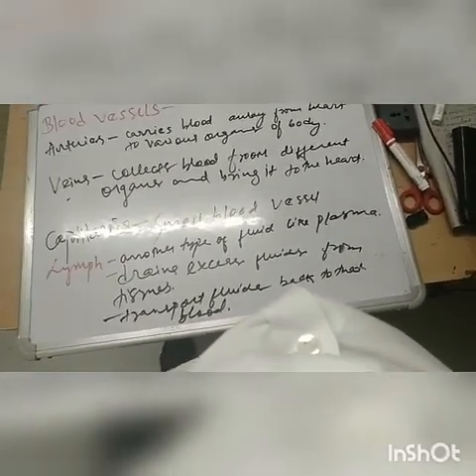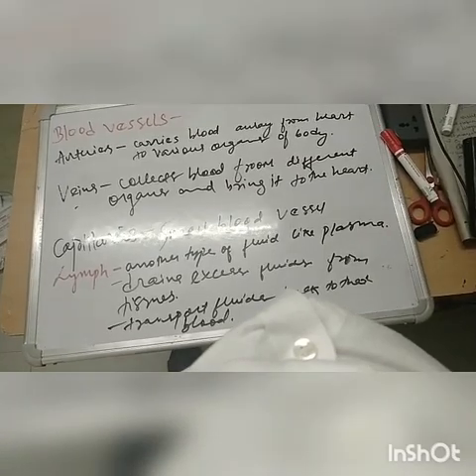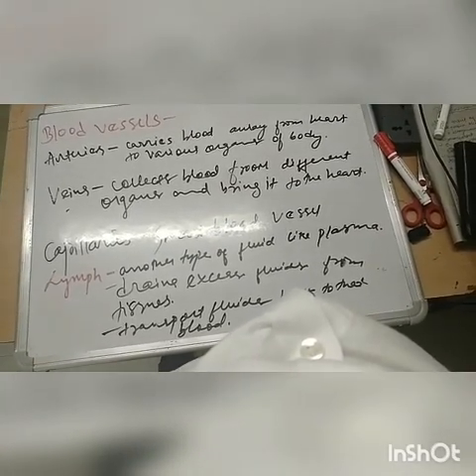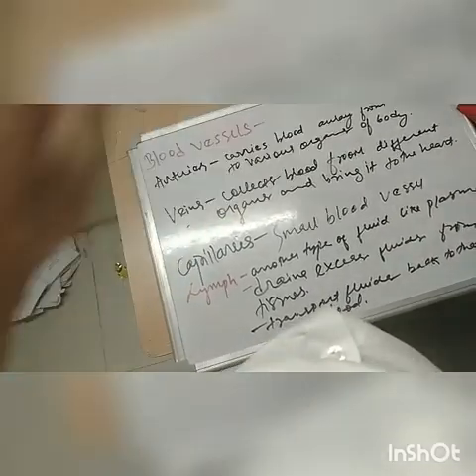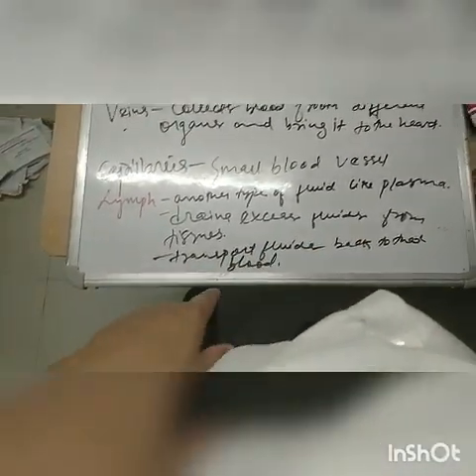Fluids means any kind of nitrogenous bases, any kind of fluid, could be pus or any kind of solution, mixture of nitrogenous base or small fatty acids or any kind of things. These are fluids. All right, so lymph helps in draining of excess fluids from tissues, transporting fluids back to the blood.